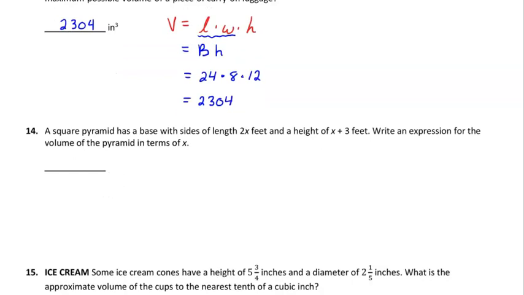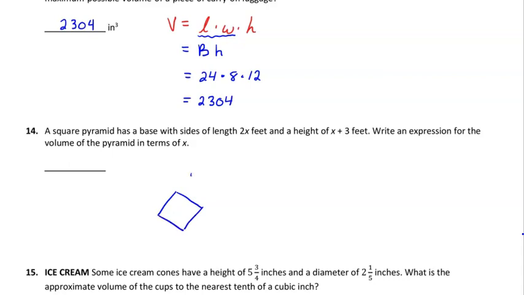Alright, let's go ahead and move on to number 14. So for number 14, it says a square pyramid. So remember, a square pyramid is the same as a regular pyramid. It has side lengths of 2x feet, and then a height of x plus 3 feet. So I'm just going to go ahead and draw a square pyramid.